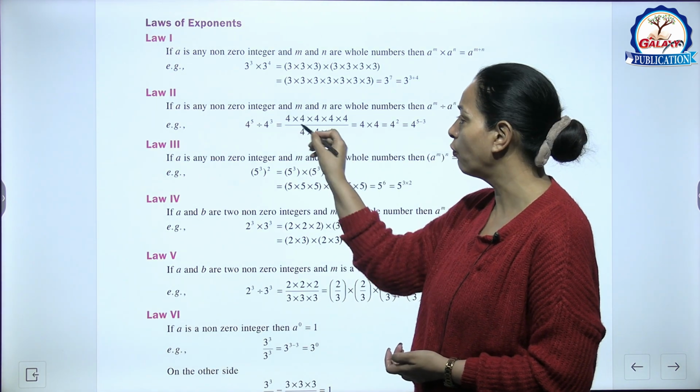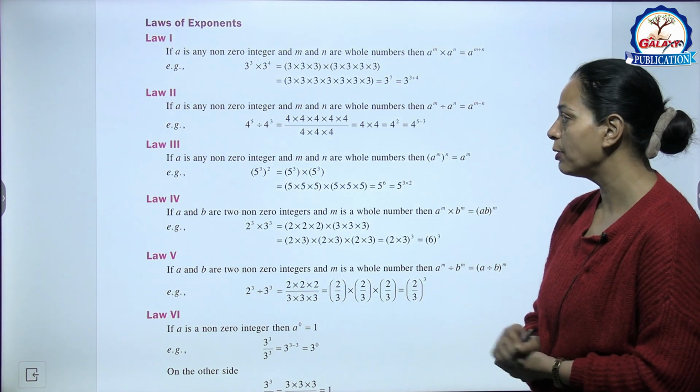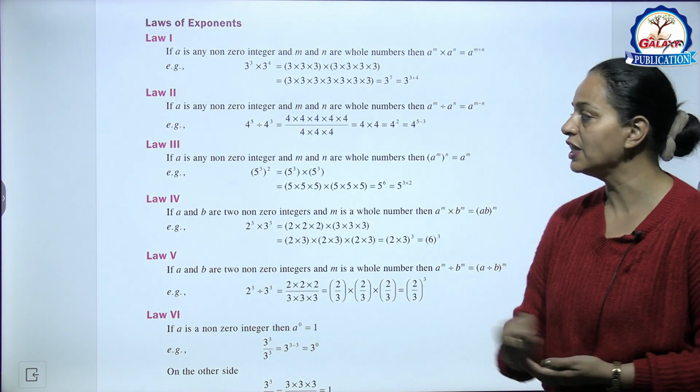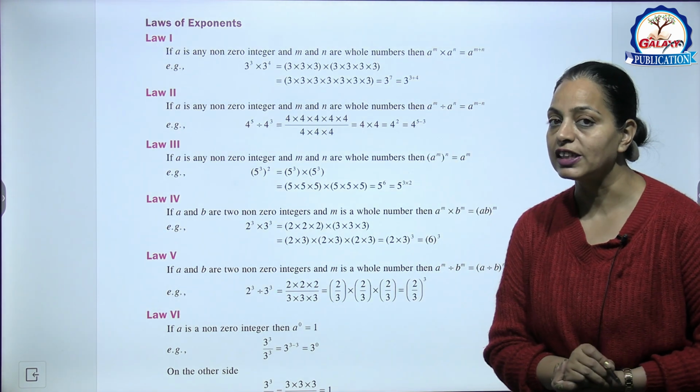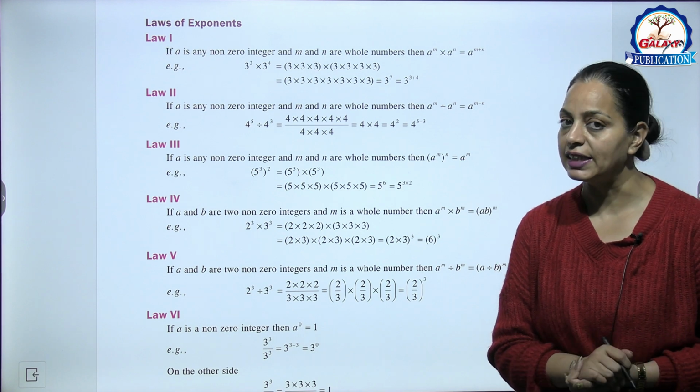So what will you get? 4, 5 times divided by 4, 3 times. तो आपके पास क्या बचेगा? 3, 4 कैंसिल हो जाएंगे, 2 times 4 means 4 raised to the power 2. That's why it becomes 4 raised to the power 5 minus 3, right?